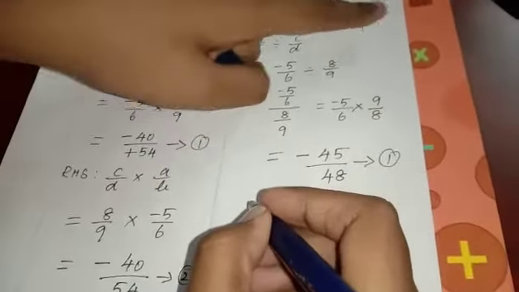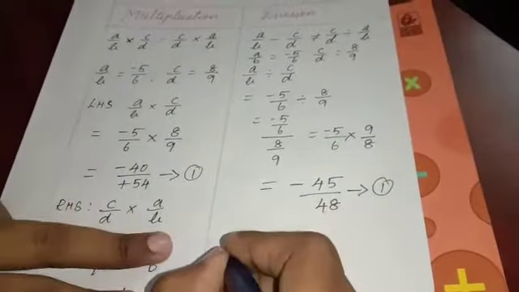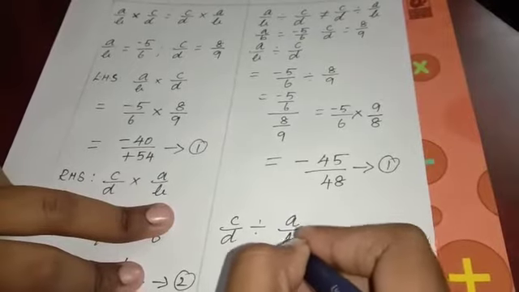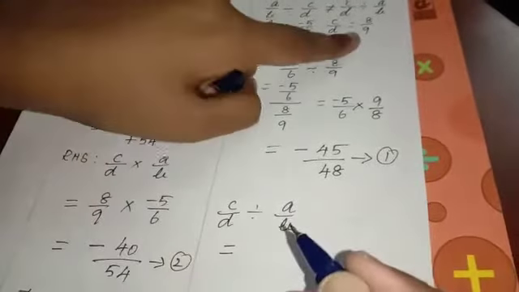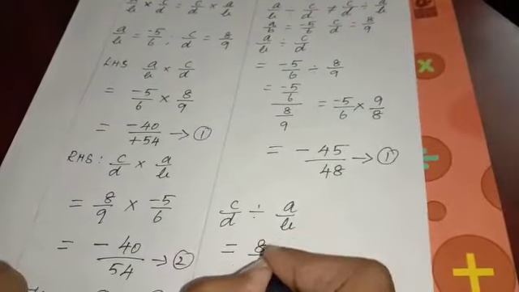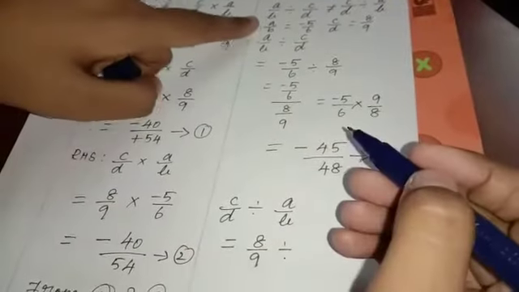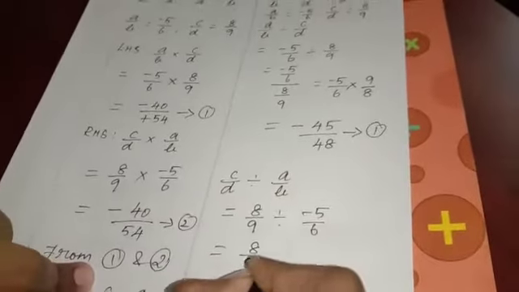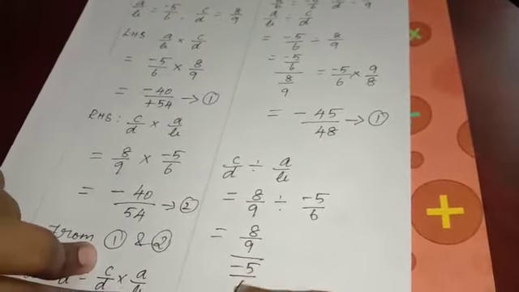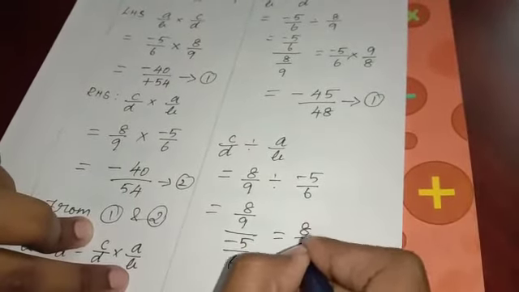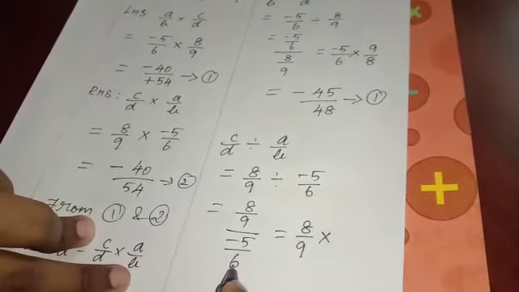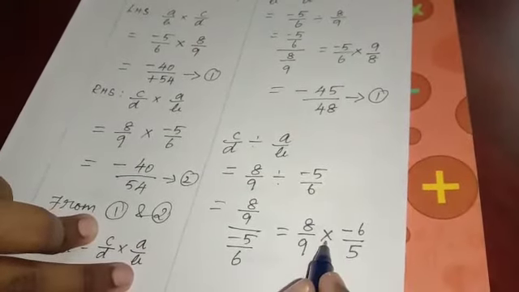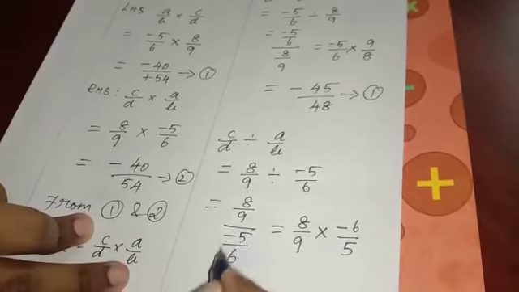Next, c by d divided by a by b, the RHS. Instead of c by d, 8 by 9 divided by, instead of a by b, minus 5 by 6. To write it as a product, we have to take the reciprocal of the denominator.